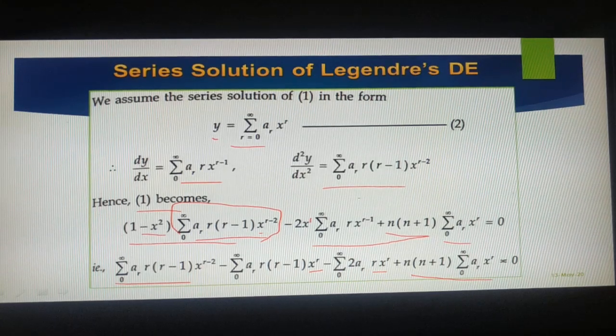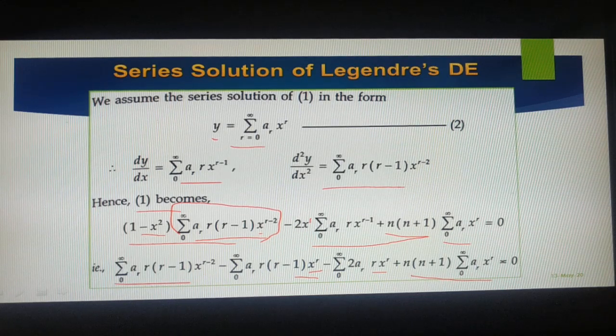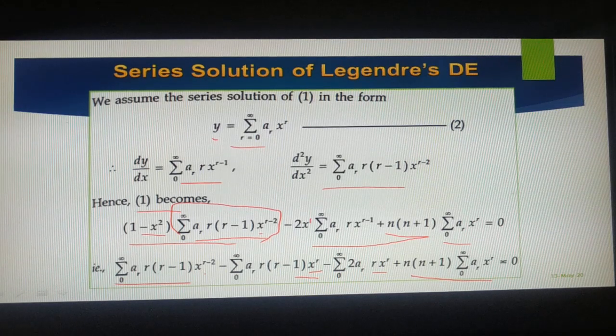So in this differential equation, we have x power r terms, three of them, and x power r minus 2, one term. Why I am telling you this: we are going to compare the coefficients of some x power r terms. That's why you should understand this.